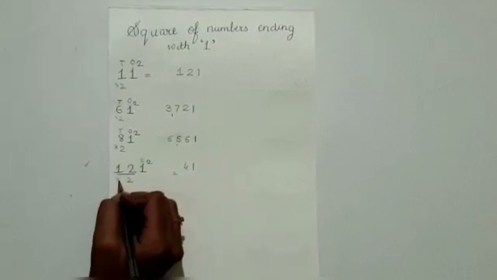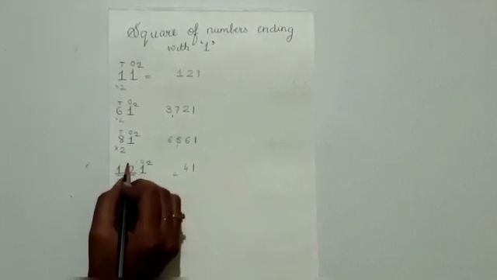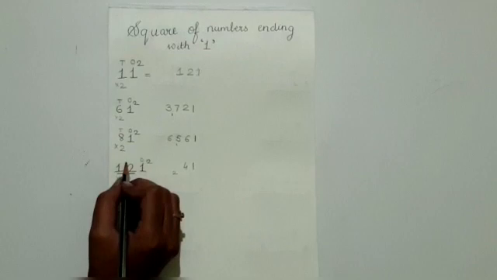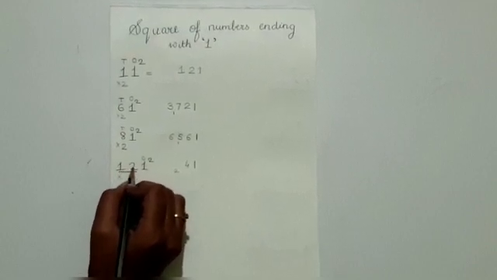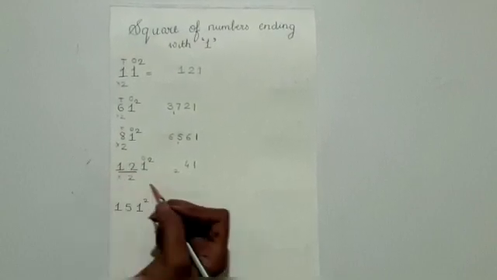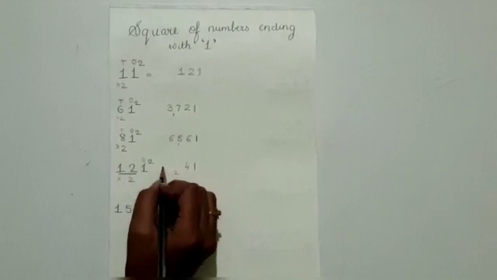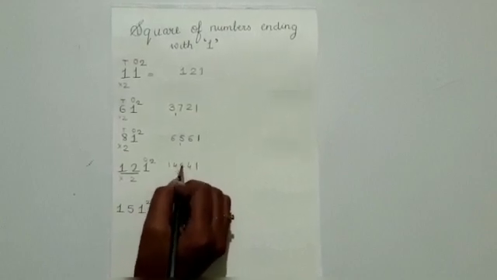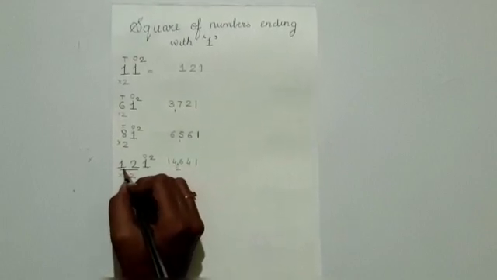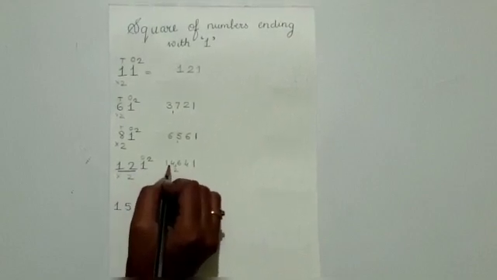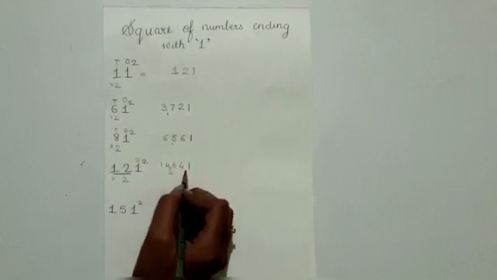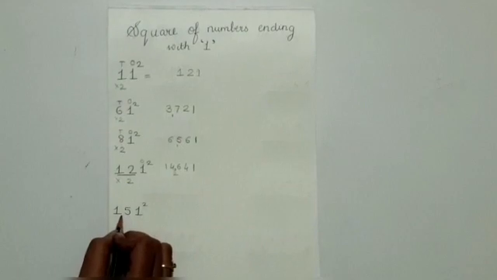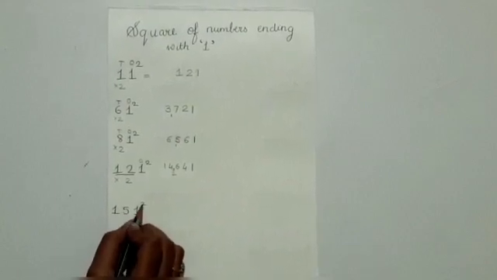The third step is the number in the tens place, we'll take a square of that number. So 12 square is 144. So 144 plus 2 is 146. So the square of 121 is 14,641.